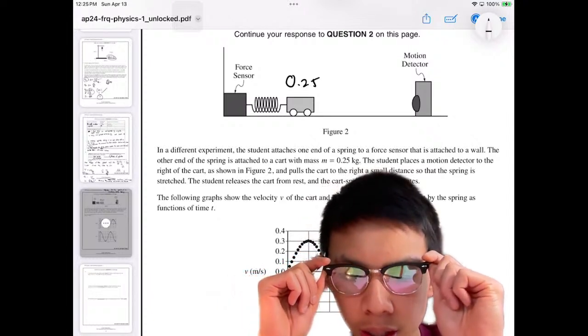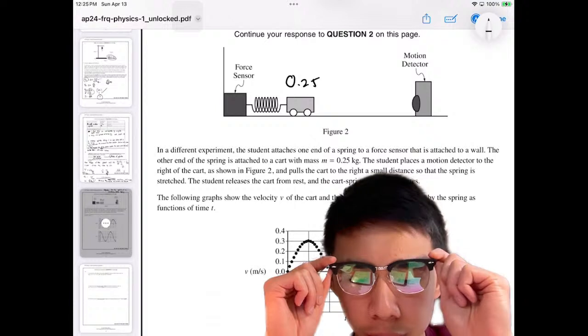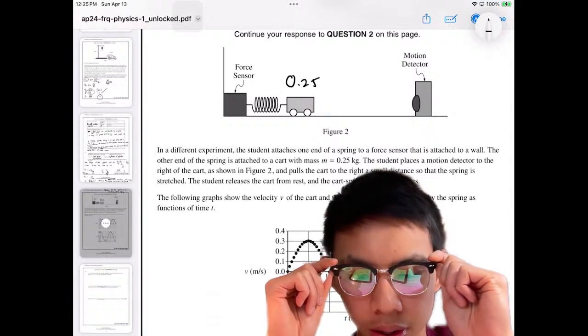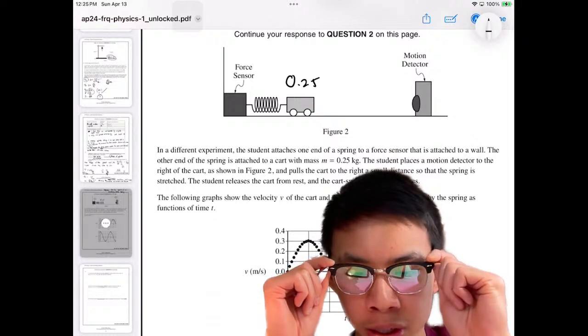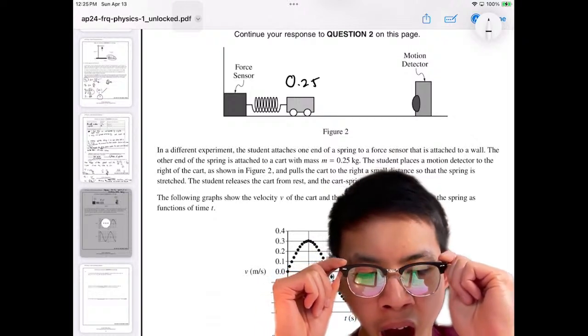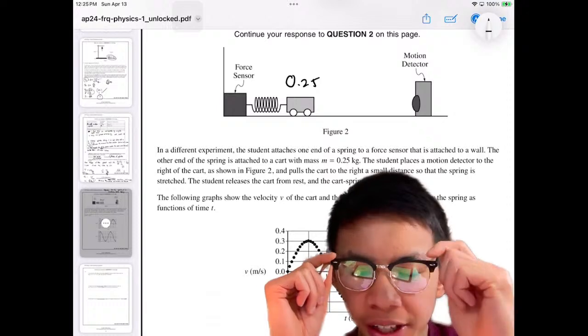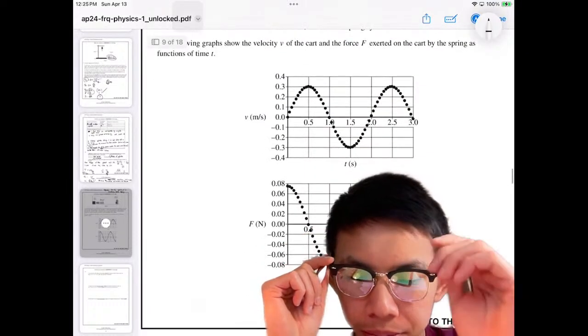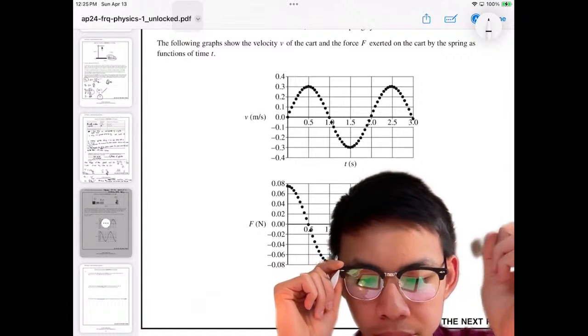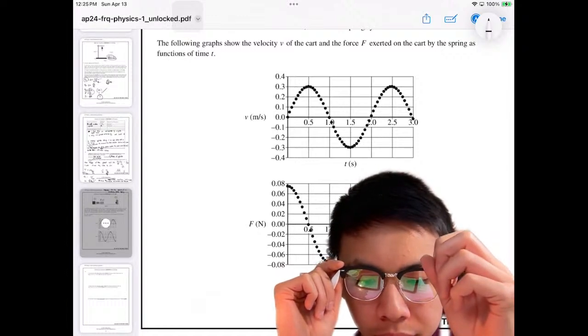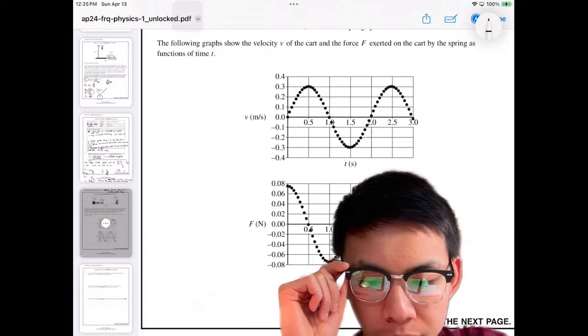The velocity of the cart and the force F exerted on the cart by the spring are measured as a function of time. Equilibrium, small force.